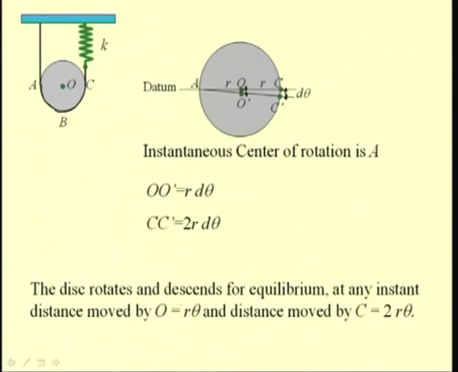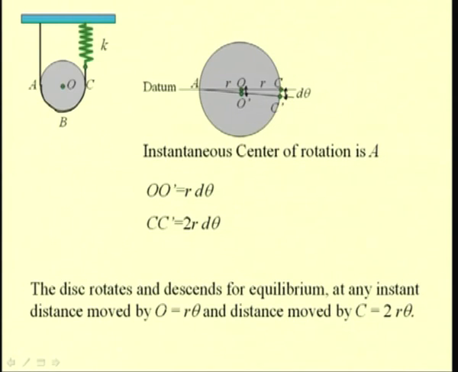So, the disk rotates and descends for equilibrium. At any instant, the point O descends by a value r theta, because we integrate this value from position 0, that is the datum position, to a given position where the angular displacement that has taken place is theta.